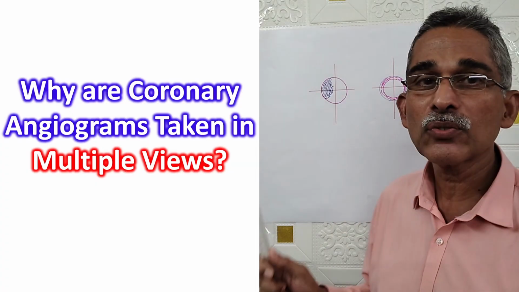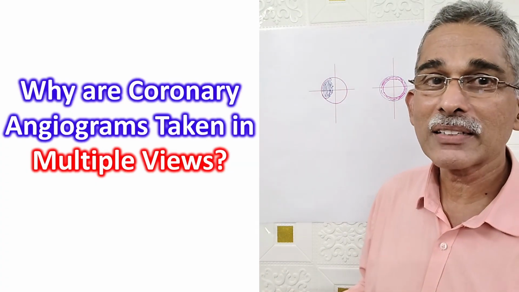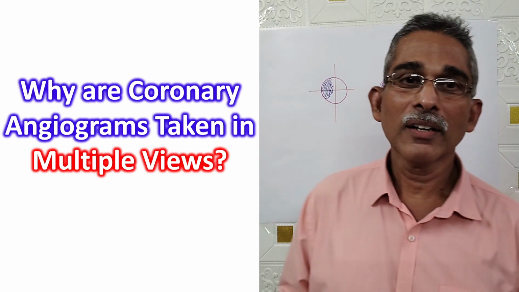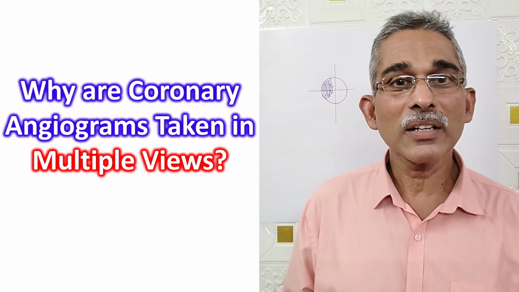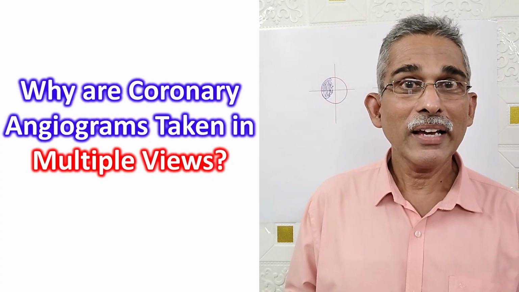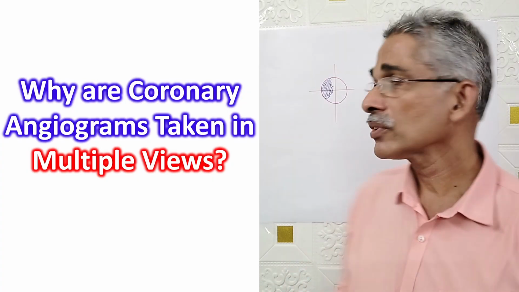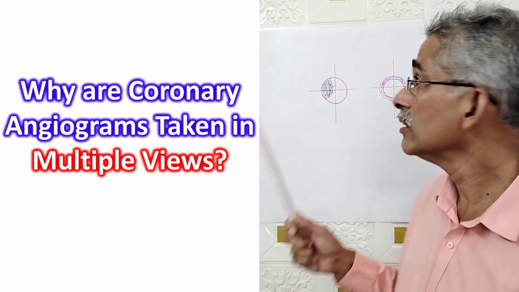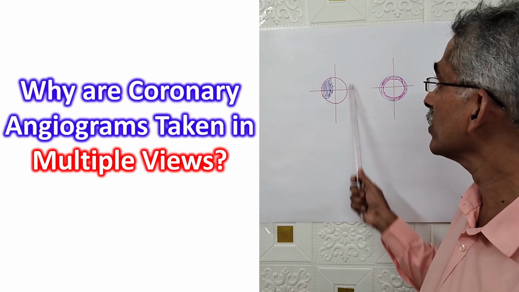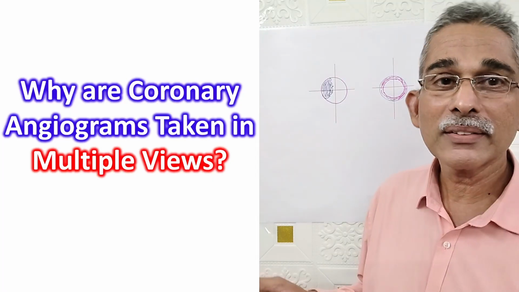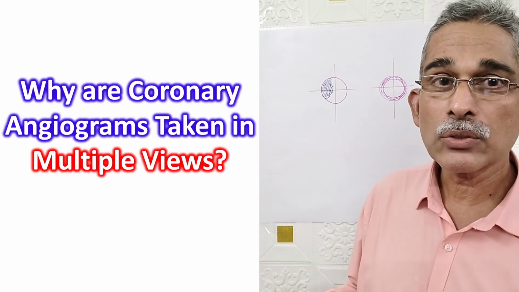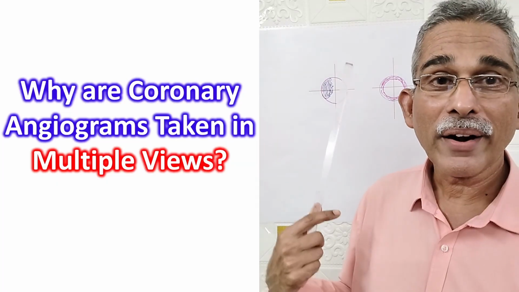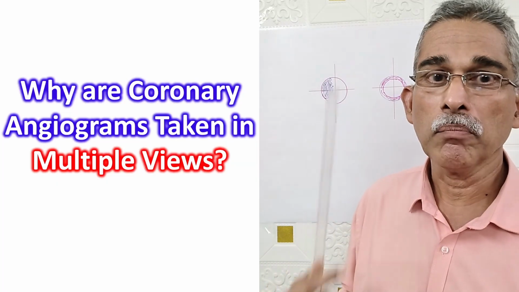Only the lumen is filled with contrast dye. The wall is not seen. For that, we know now there is another device known as intravascular ultrasound. Suppose you put an intravascular probe inside and take an ultrasound, then definitely the thickness of the wall also can be easily made out. That is one place where intravascular ultrasound scores over coronary angiogram, which is a luminogram.